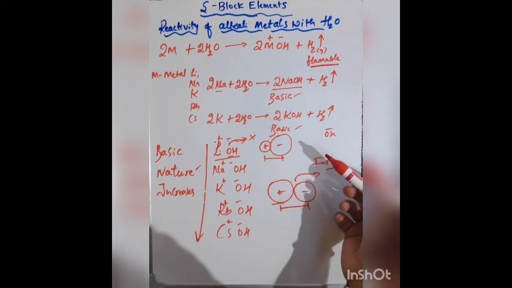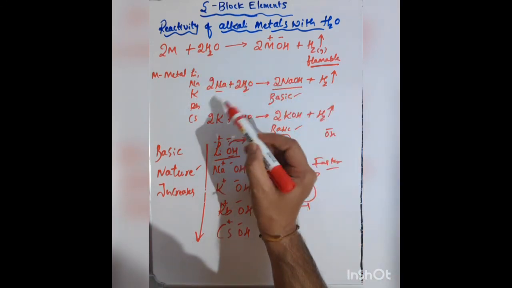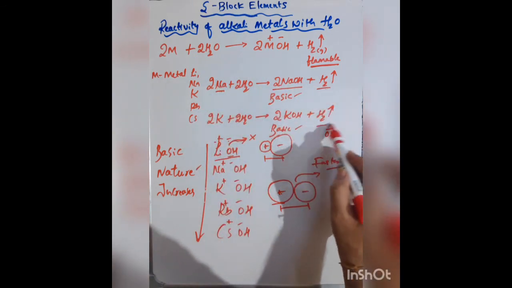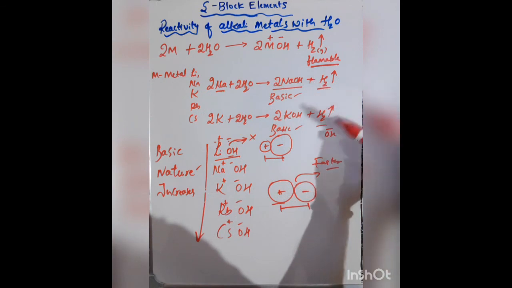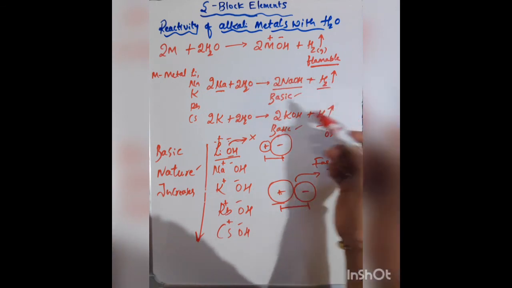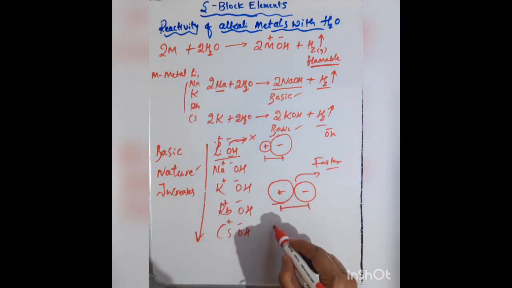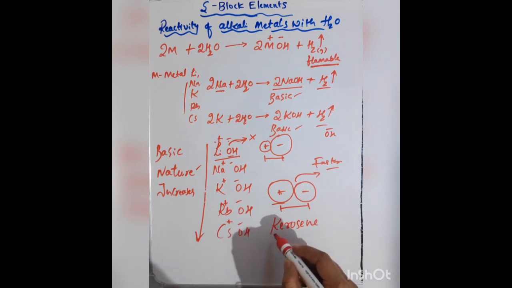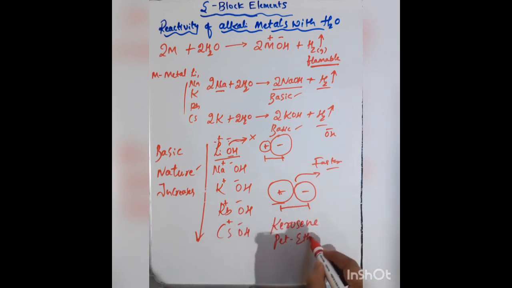Now we know that all the alkali metals react with water, producing hydrogen gas, which is flammable, which will catch fire, or sometimes even explode. Because of this, alkali metals are kept in kerosene, or in petroleum ether.